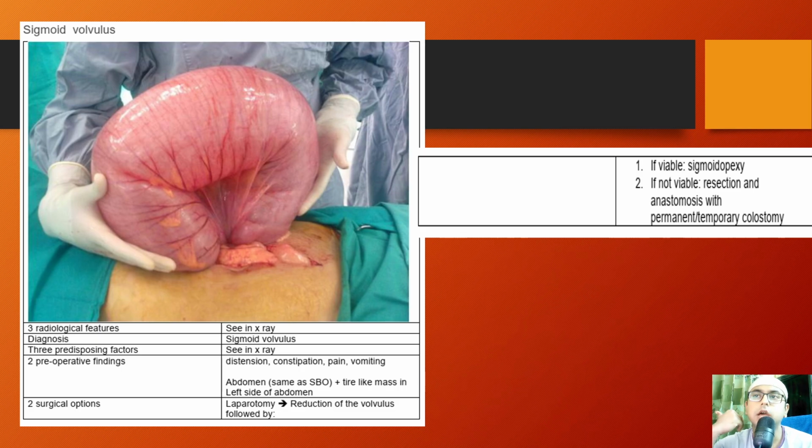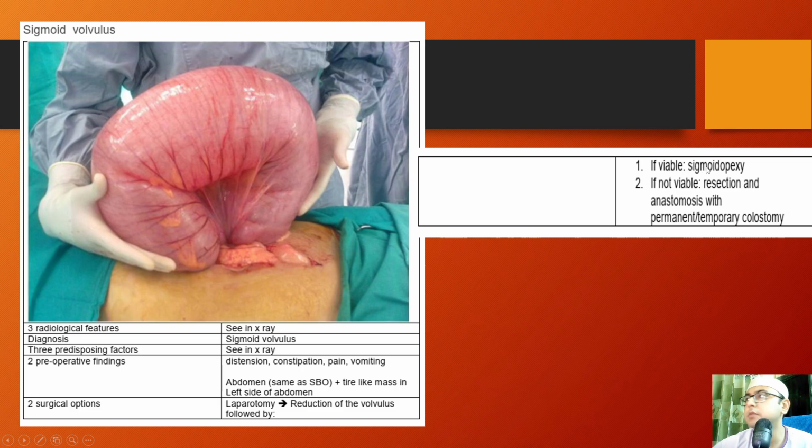But in this case you have to resect it because it's a closed loop obstruction, and there is a huge distended area and it causes some fluid which is toxic, and also it has some bowel gas and liquid and chemical substance which is toxic to the body. If it goes proximally or into the blood circulation, it can cause septic shock or septicemia.